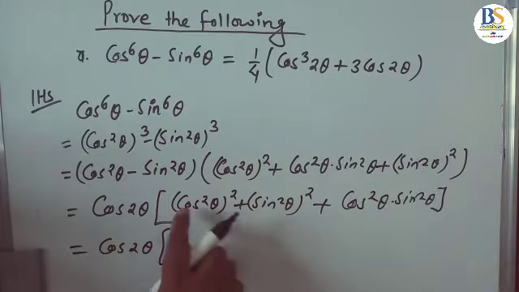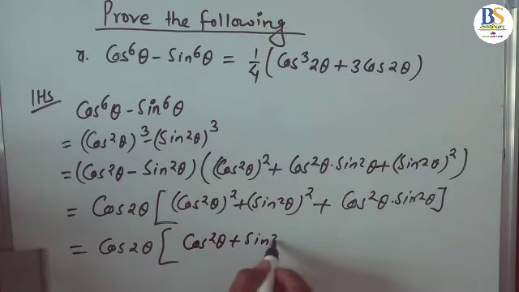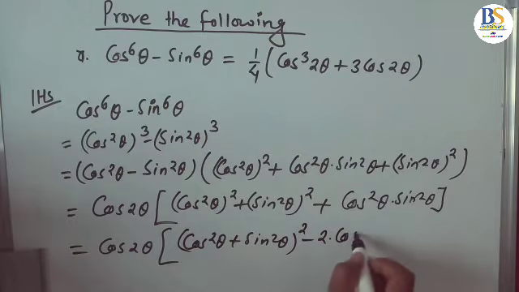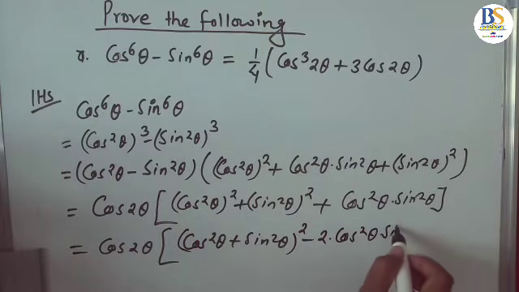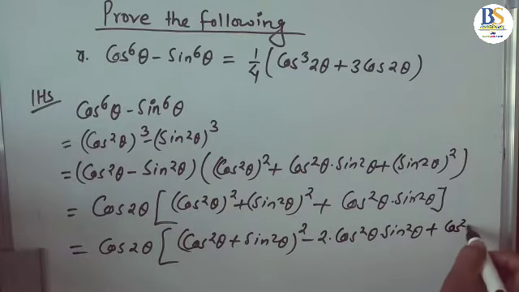Then these are in the form of a square plus b square, a plus b whole square minus 2ab, means cos square theta plus sin square theta whole square minus 2ab, cos square theta sin square theta. Then write down this term as it is, cos square theta sin square theta.